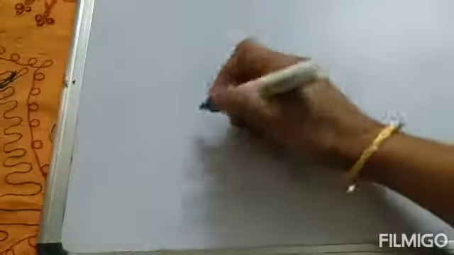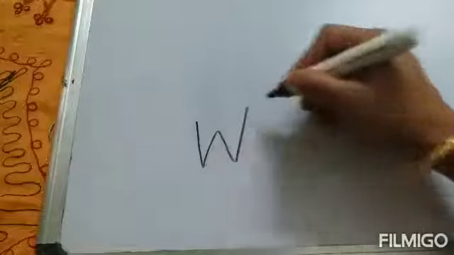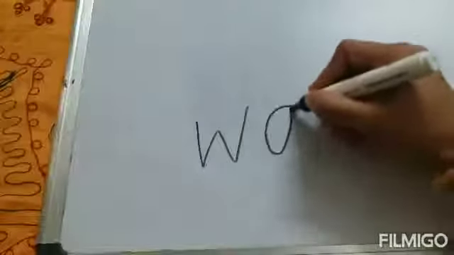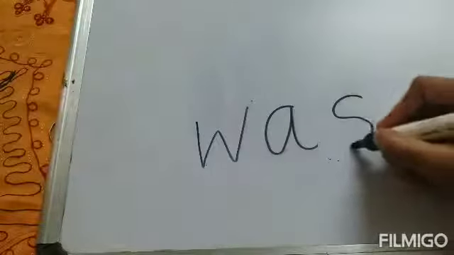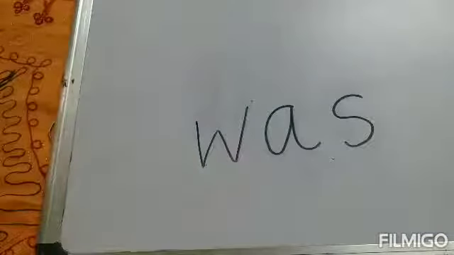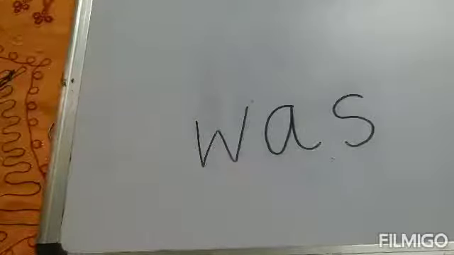So after they trace, they can again write over that with the marker, W, A, S, was. So they will write it again and they will say the word. This is one of the methods to make them memorize the sight words.